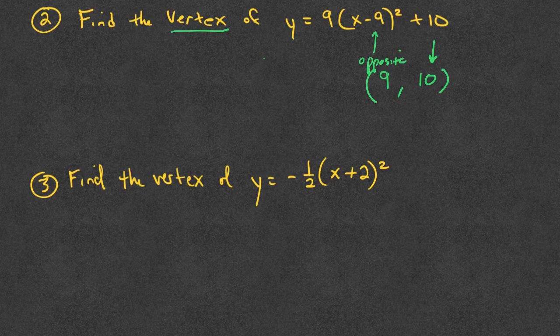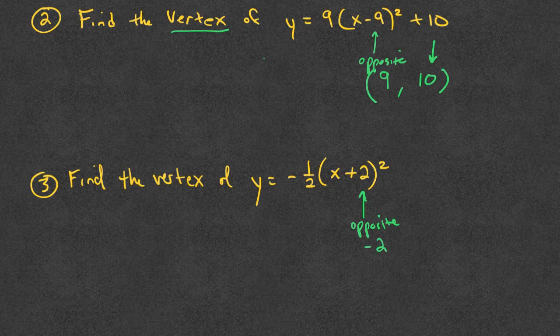Example number 3, find the vertex of y equals negative 1/2 times the quantity (x plus 2) squared. Here, we're doing the same thing. We still want the opposite of the number that's on the inside. So instead of 2, you're going to use negative 2.